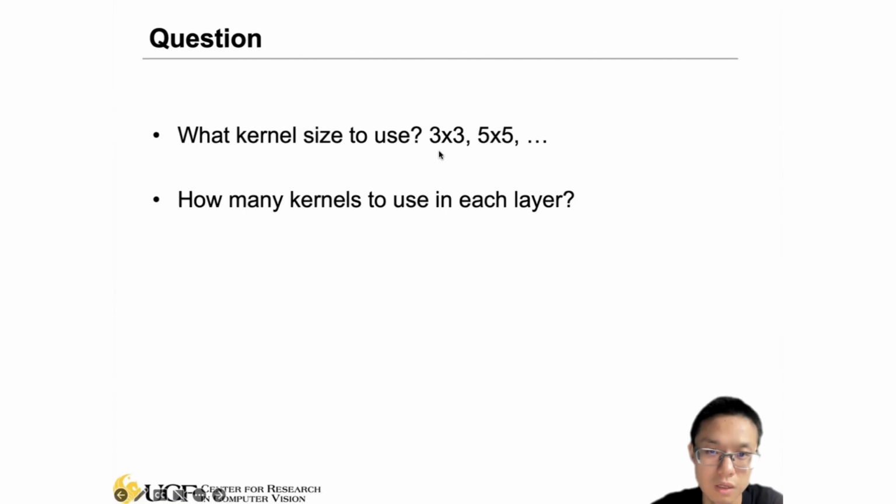Maybe a large kernel size can be beneficial in certain applications. And if you're using more kernels or filters, it is able to help you capture more information, maybe resulting in a better result. But the downside of using a large kernel size or more filters is that there are going to be more parameters.